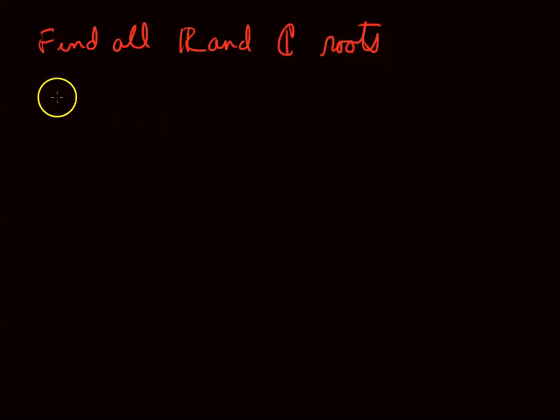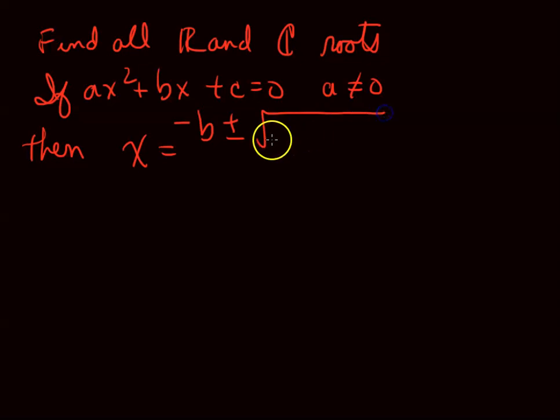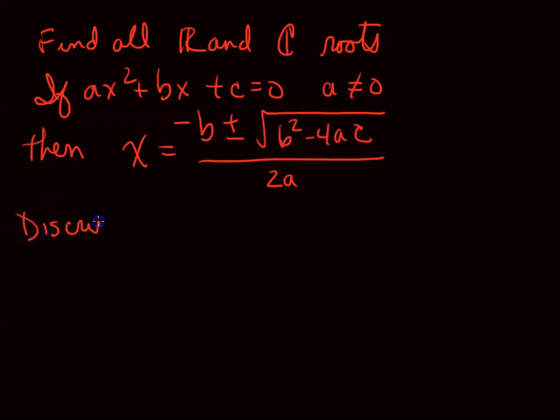Because now we got, if ax squared plus bx plus c equals 0, where a is not 0 because we want a quadratic, then x equals the opposite of b plus or minus the square root of b squared minus 4ac all over 2a. Now this part underneath the radical is called the discriminant. The b squared minus 4ac.